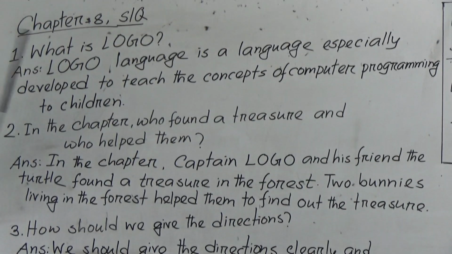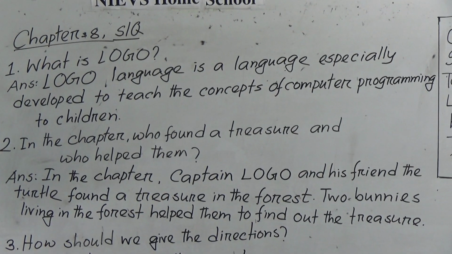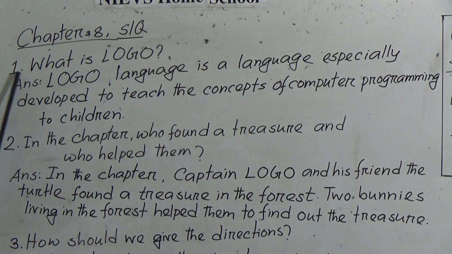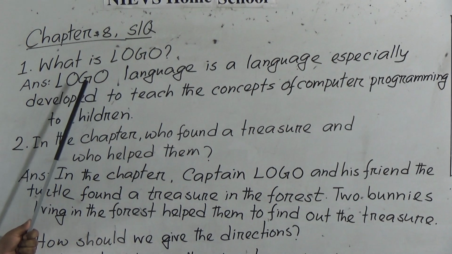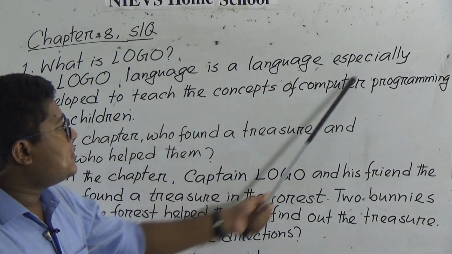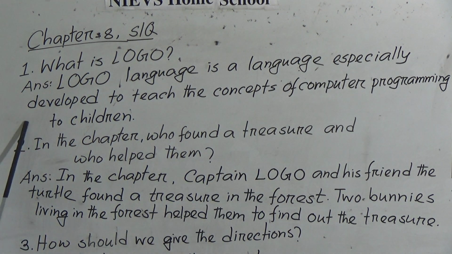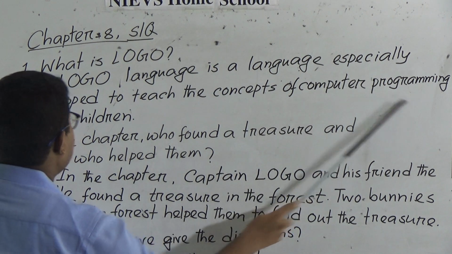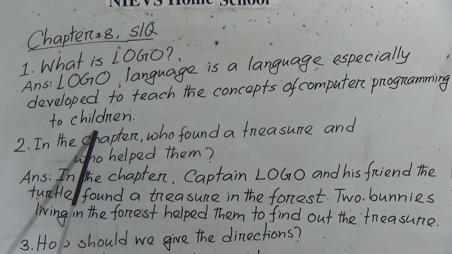Let's read again chapter 8, SQ 1, 2 and 3 we are learning today. SQ 1. What is logo? Logo language is a language especially developed to teach the concepts of computer programming to children. In the chapter, who found a treasure and who helped them?